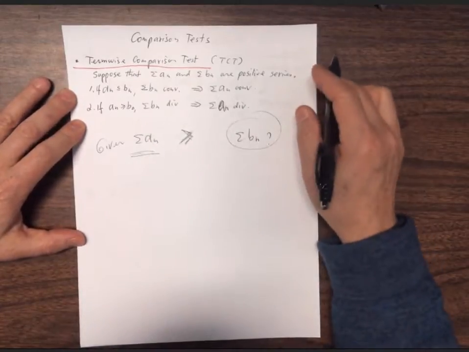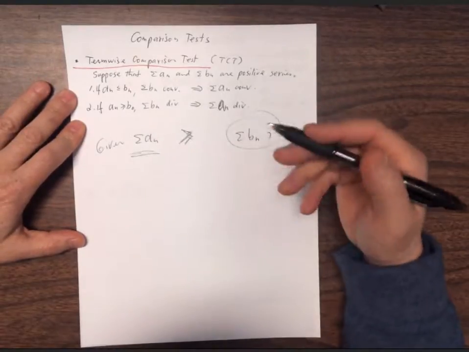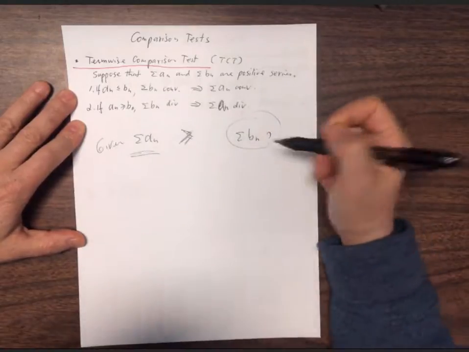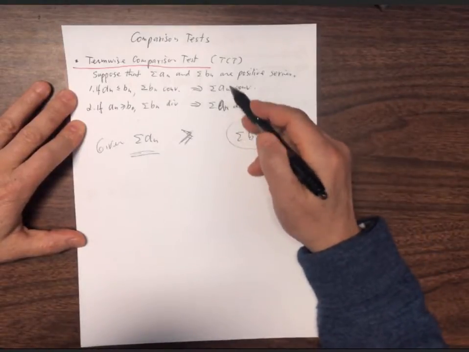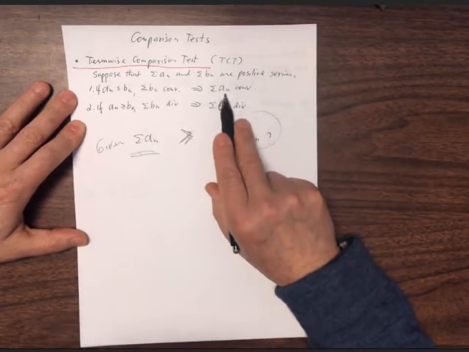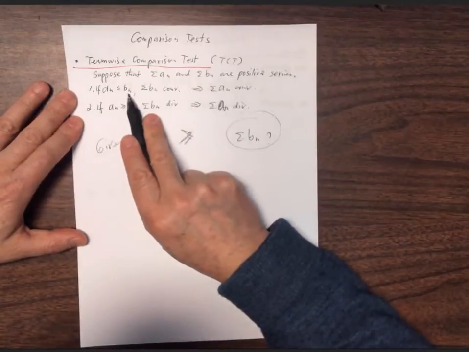So practically, to apply the test, we have to have some idea, or at least some estimate, whether the series will converge or diverge. For example, if we suspect it's going to converge, then we'll try to find a bigger bn.